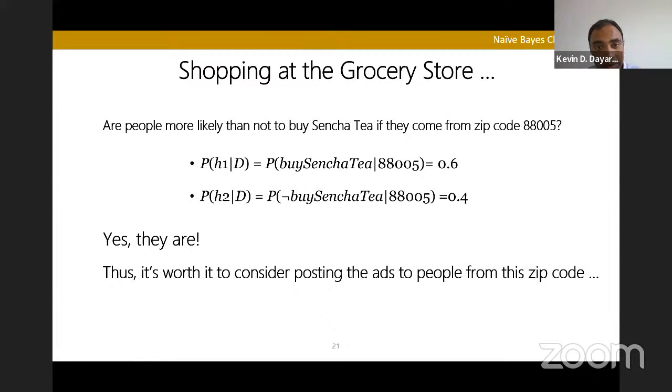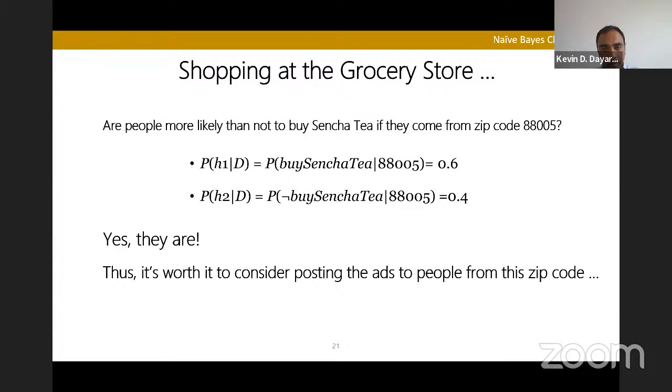So you compare the two. They are more likely to buy than not. Therefore, it's worth considering posting ads to people from the zip code, or in the shopping cart, for example, providing specific ads to guide them to particular areas of the store.